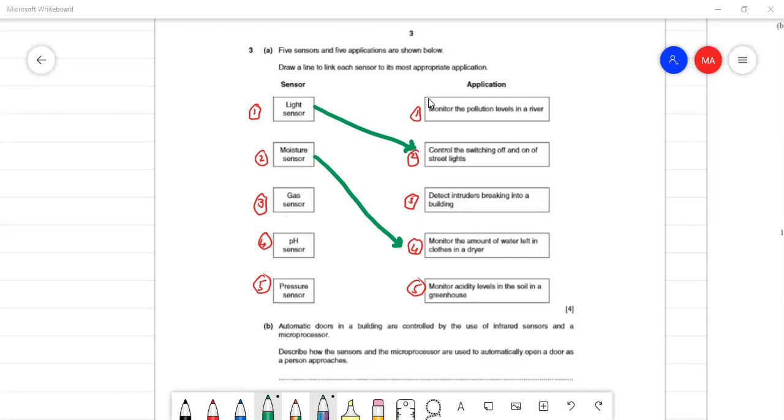Gas sensor is connected to which type of application?